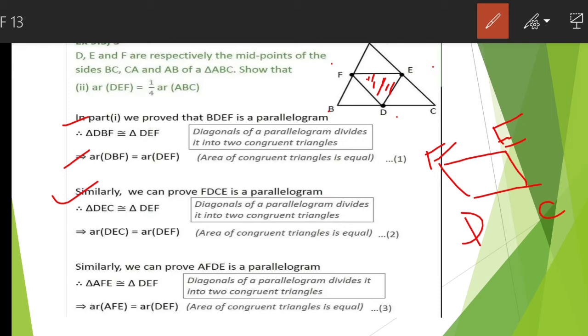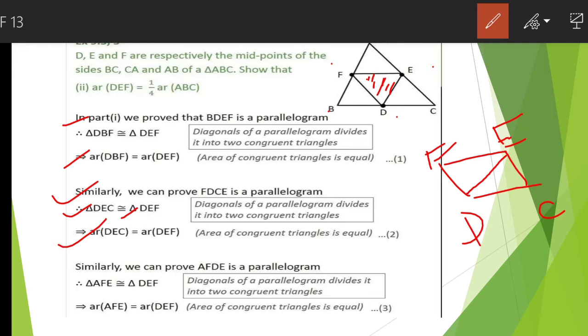Here in this parallelogram we have DE as the diagonal. So the diagonal divides the parallelogram into congruent triangles. Those triangles are DEC and DEF. Since the triangles are congruent to each other, the areas are equal. So we get our second equation, that is area DEC is equal to area DEF.